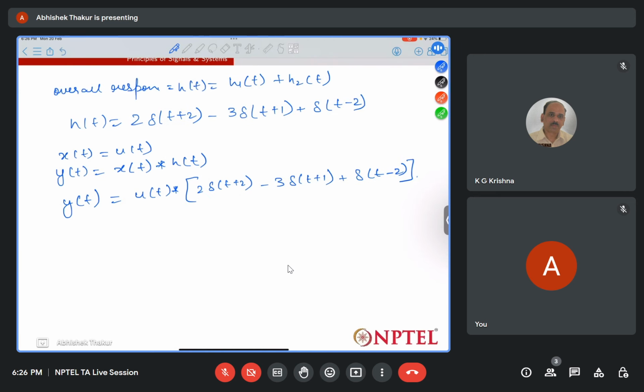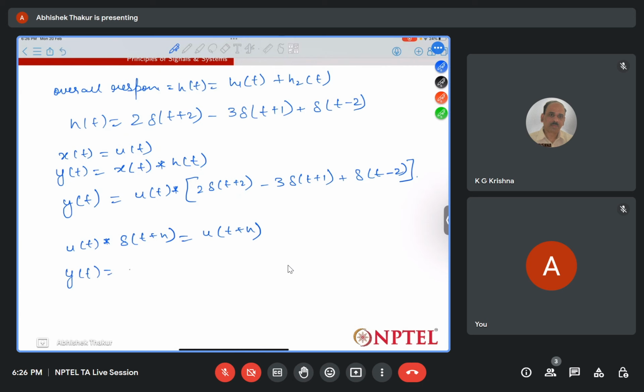So we know that whenever u(t) is convolved with δ(t+n), then we get u(t+n) only. In this case, y(t) is equal to u(t) convolution with 2δ(t+2).